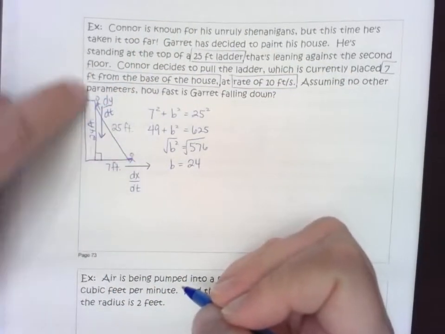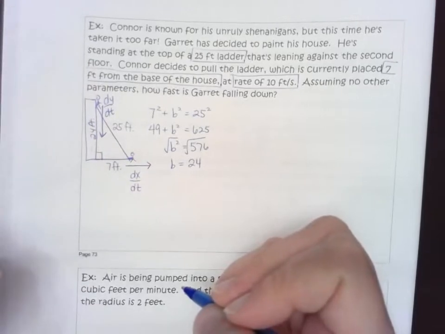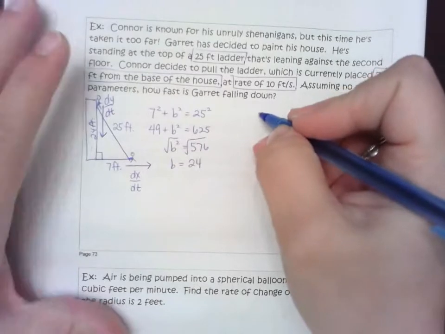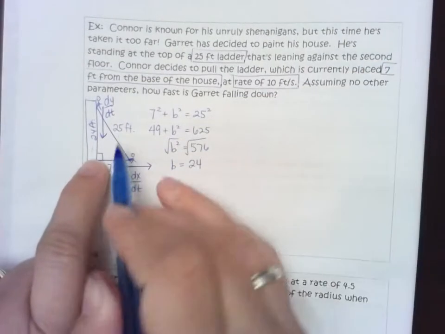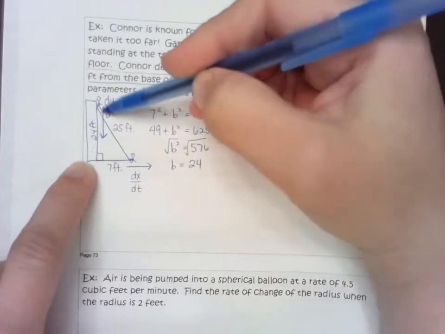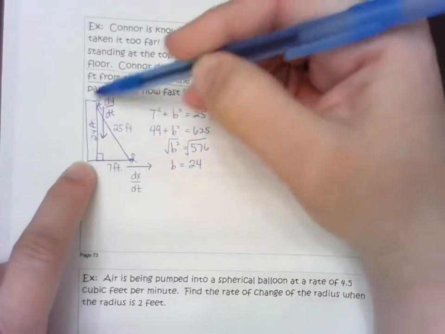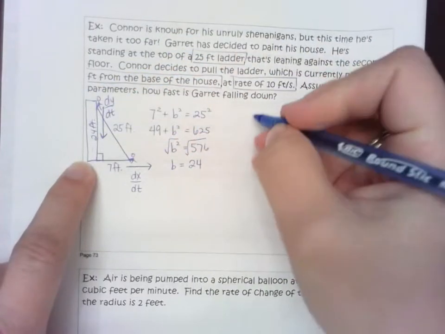Again, we're talking about the sides of a triangle. Whenever you're talking about the sides of a triangle and not the angle of the triangle, you're talking about the Pythagorean theorem. The Pythagorean theorem is based on this moving side of the triangle and this moving side of the triangle, but this hypotenuse does not change. The ladder is 25 feet in the entire problem.